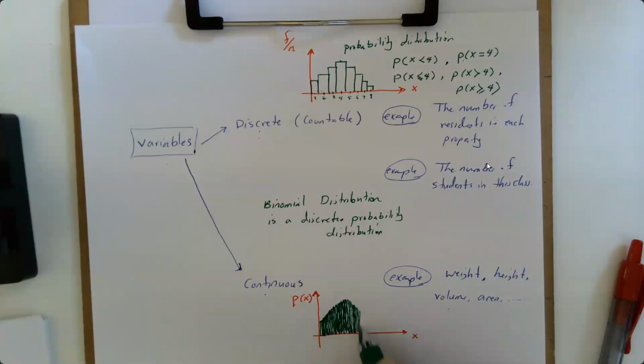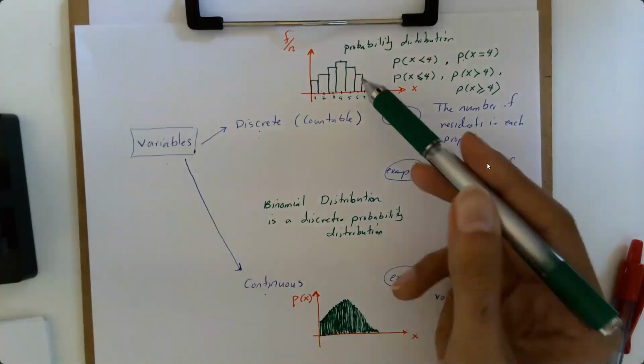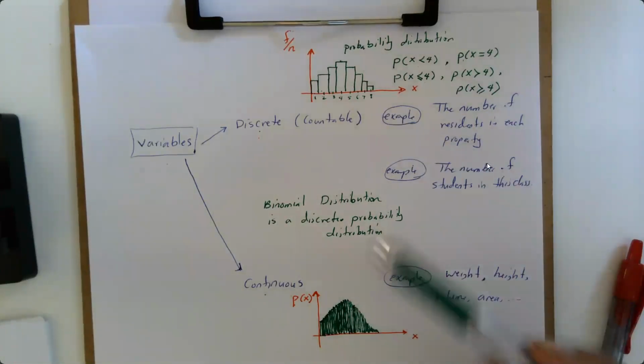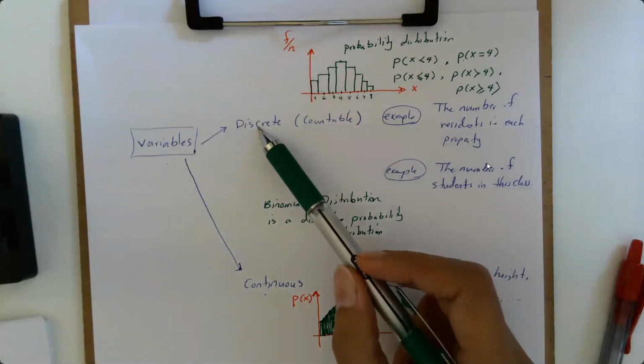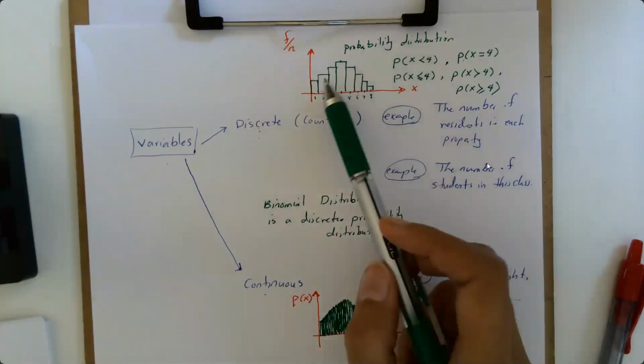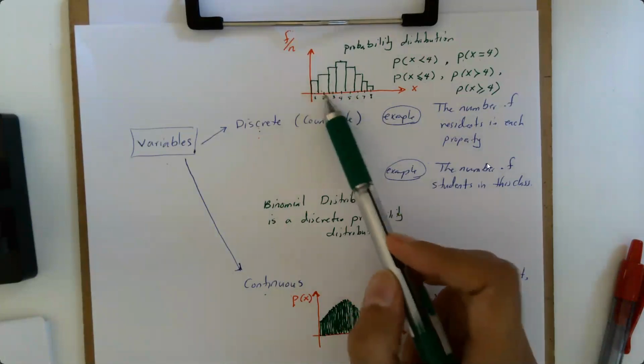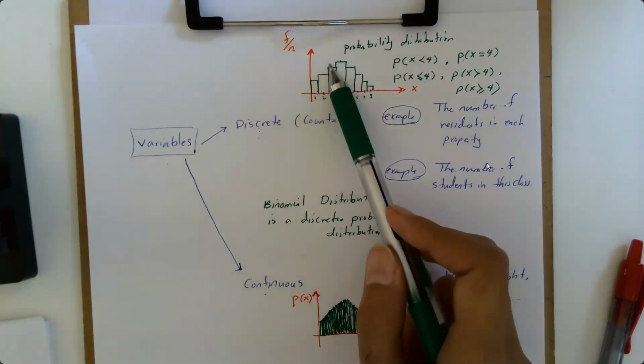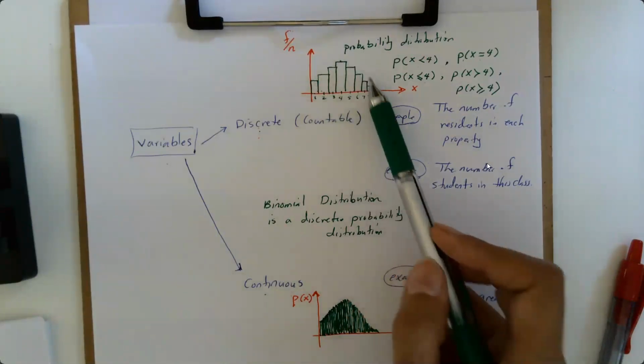These are your bars, and this is the behavior of your graph. The difference between these two graphs is that in a discrete random variable, you can actually see your bars and find the probability by looking at the height of each bar.